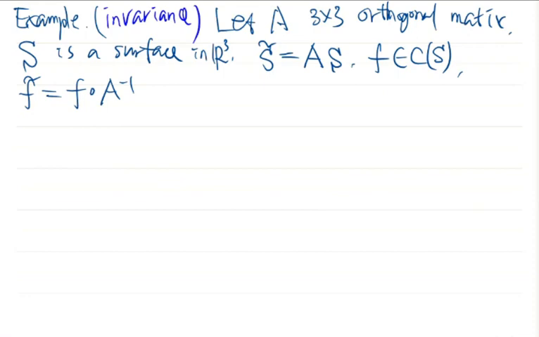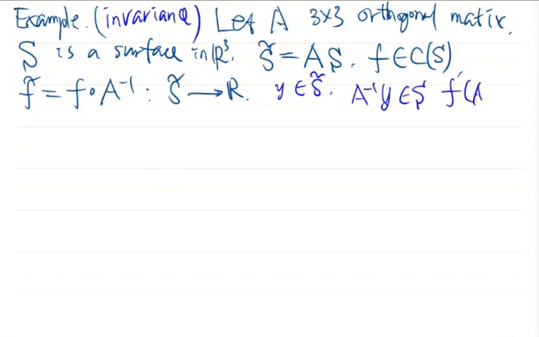So we compose the inverse of the linear transformation with our function f. We obtain a new function. Okay, so this f tilde is a function from S tilde to R, right? For if y is in S tilde, then the inverse of y is in S. Therefore, you can apply f to A inverse of y. Therefore, this function makes sense.